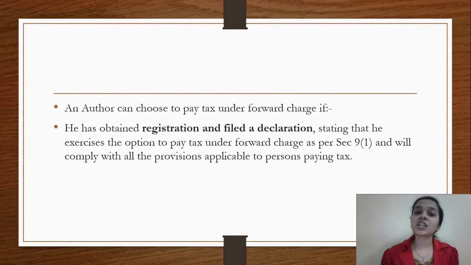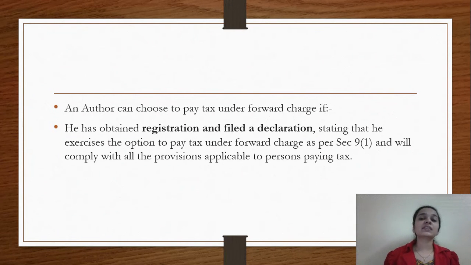So the first condition is that he can do so only when he has obtained registration under GST and has filed a declaration stating that he is opting to pay tax under forward charge, that is under section 9(1), and will comply with all the provisions applicable to a person who is paying tax. So this is the first condition.